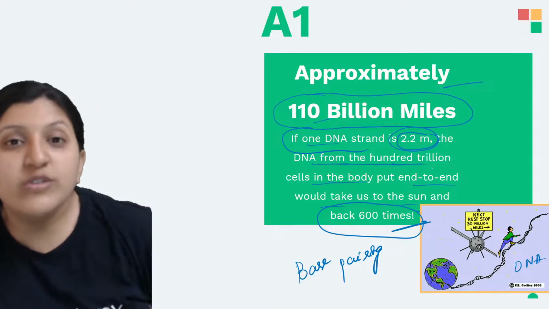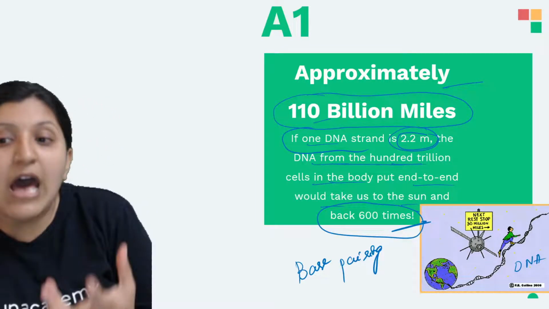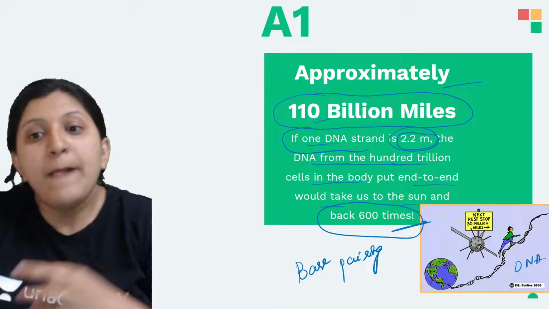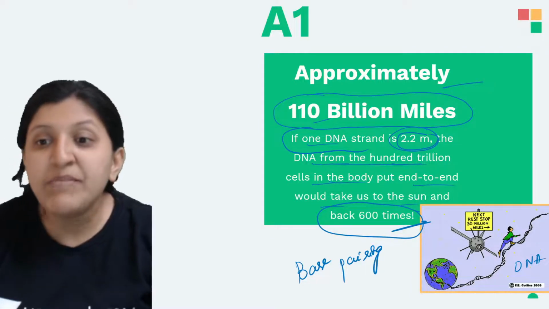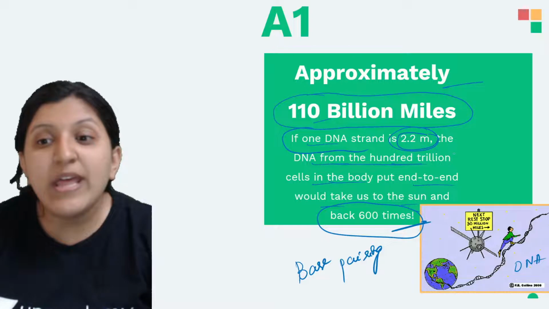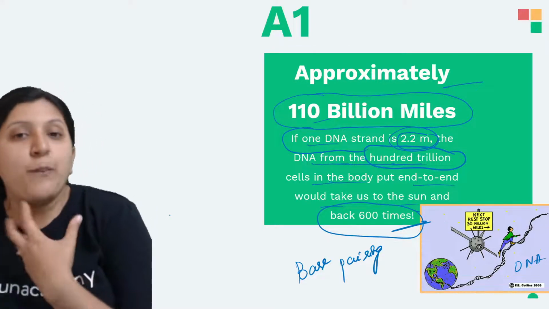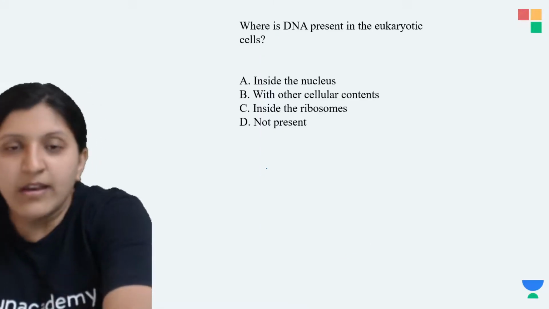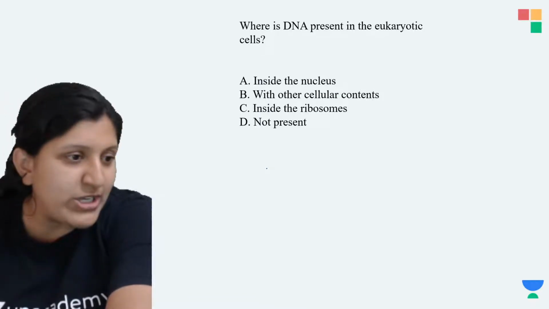That is how big the DNA is, because there are not just one or two cells in our body, there are trillions of cells. This is just the calculation which is mentioned.